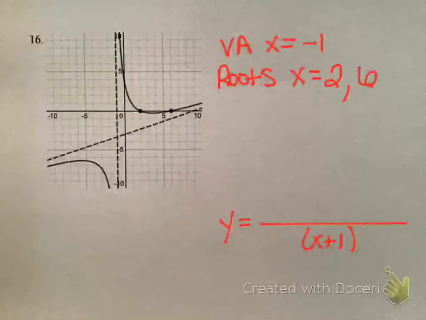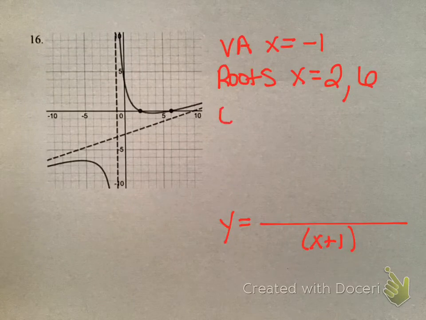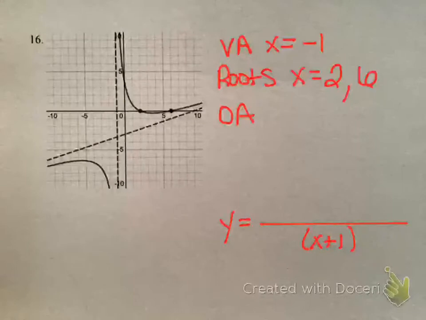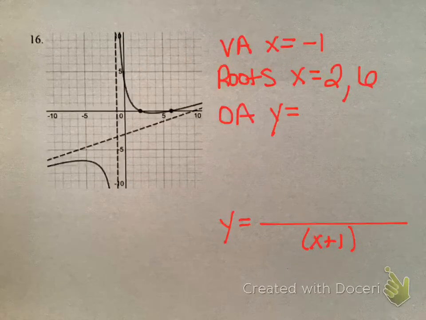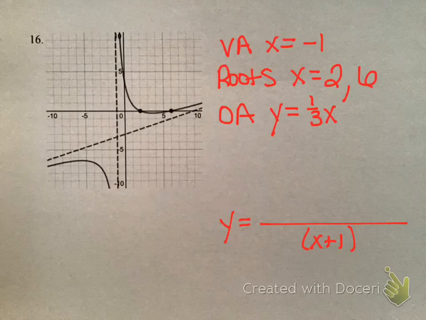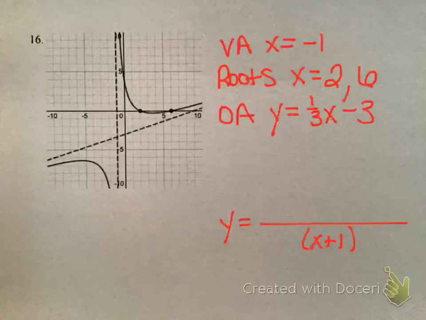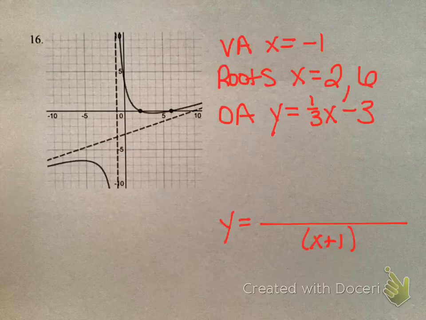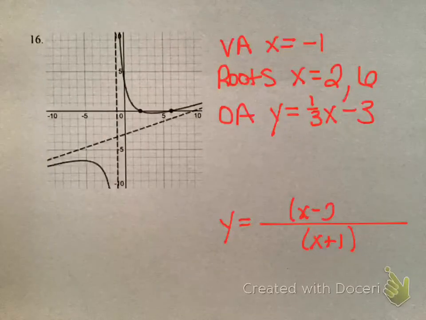So what I would use last then is the equation for the oblique asymptote. Once again, this oblique asymptote has an equation of 1/3 x, but this time the y-intercept is down at -3. Okay, so if I put my 2 roots into the numerator, I have x minus 2, x minus 6.